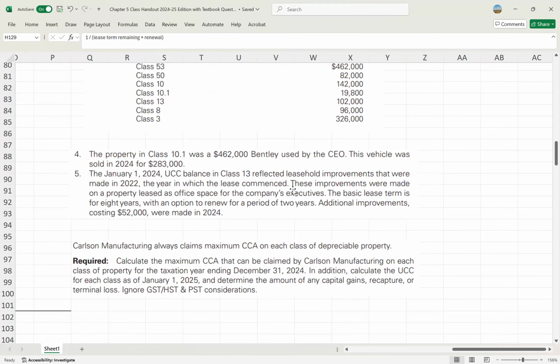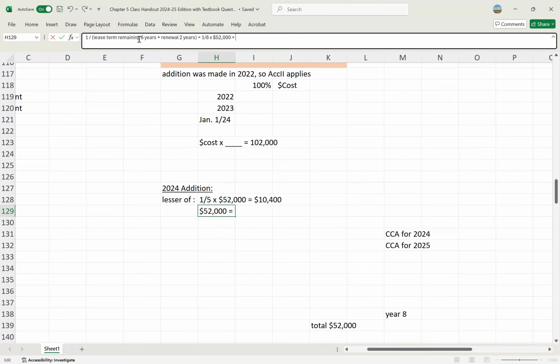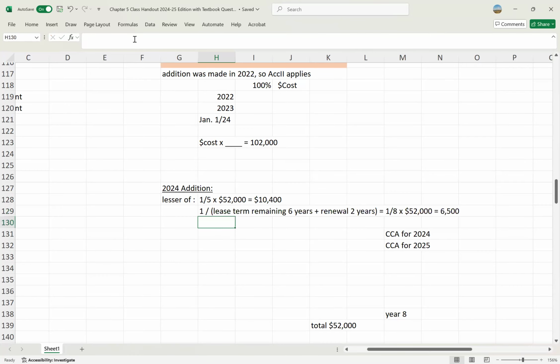So if we go back to the 2024 addition, the lease term remaining is 6 years plus the renewal option. The renewal option gives us the option to renew for 2 years. So what we're going to end up with is 1 over 8 times 52,000. And so that's going to be 6,500.